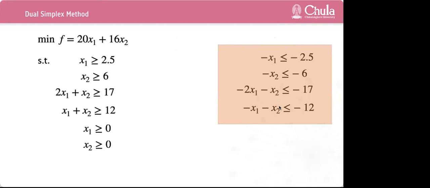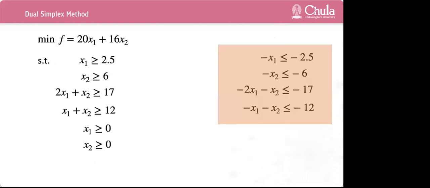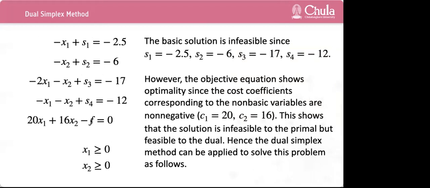The fourth constraint we add s4. Okay, so transform to this. And for the objective function, we have f equal to 20x1 plus 16x2. So yeah, we rearrange it.